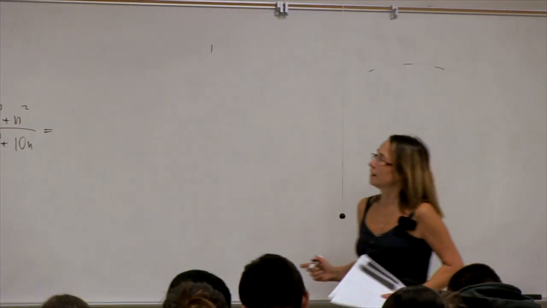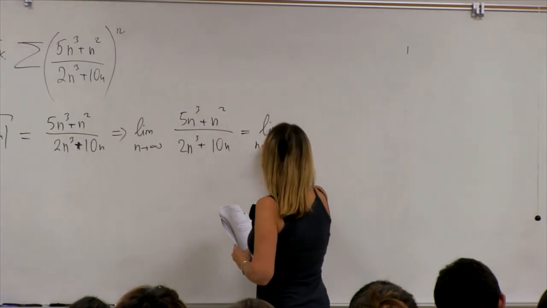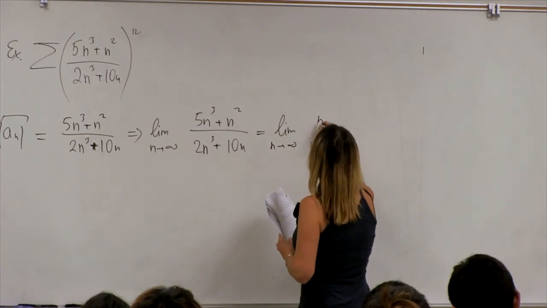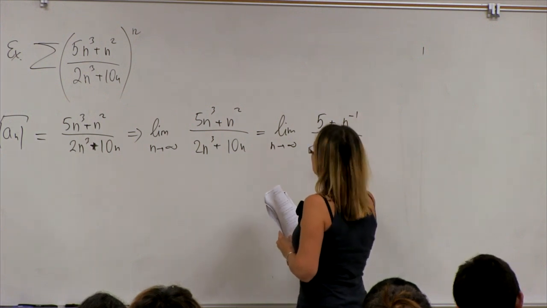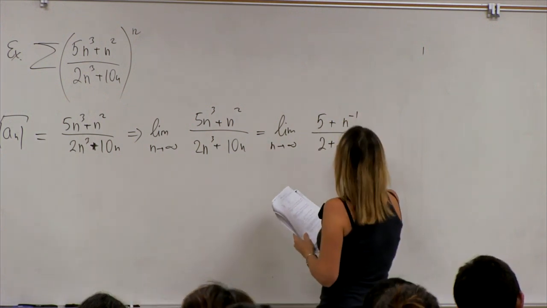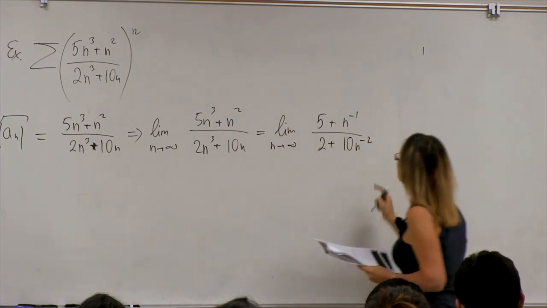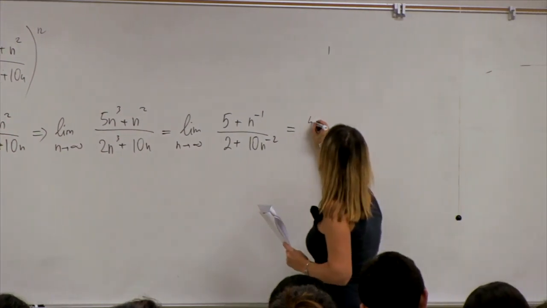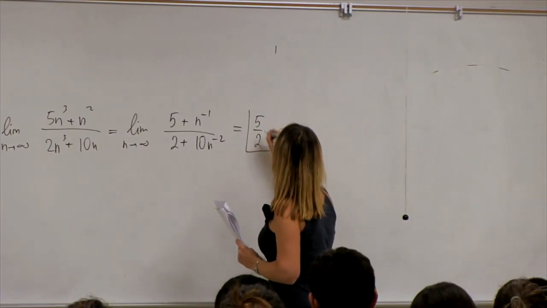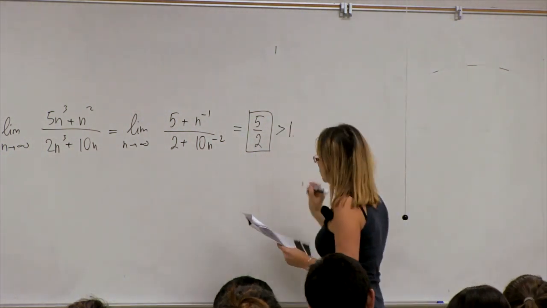We divide by n cubed, right? These two terms decay to 0, and the answer is 5 over 2, which is 2.5, which is greater than 1.